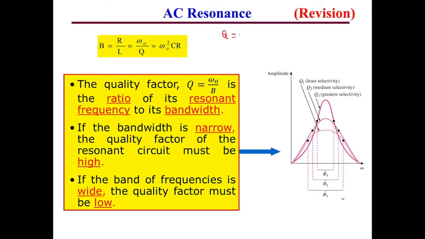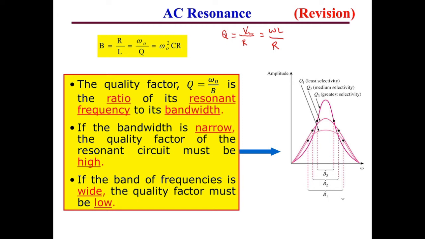So the quality factor for the series resonance will be equal to XL over R. Okay, and XL of course will be equal to omega L, so Q is omega L over R. So again we can replace R over L with omega naught over the quality factor, or the quality factor can also be replaced by omega naught CR, right?